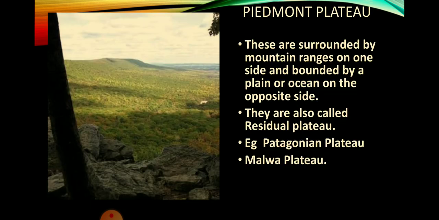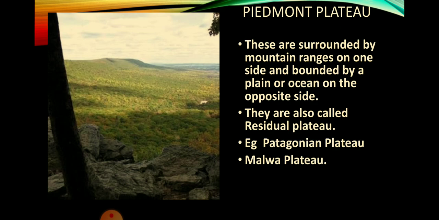Last one is a Piedmont Plateau. Piedmont plateaus can be seen at the foothills. These are surrounded by mountain ranges on one side and bounded by a plain or ocean on the opposite side. They are called residual plateaus, and some examples are the Patagonian Plateau and Malwa Plateau.